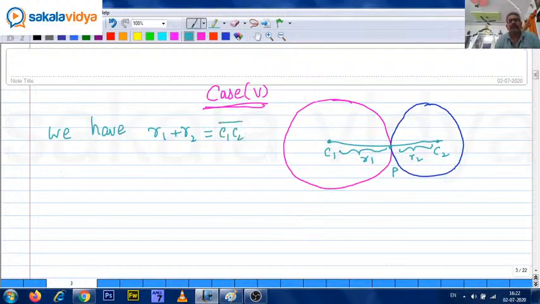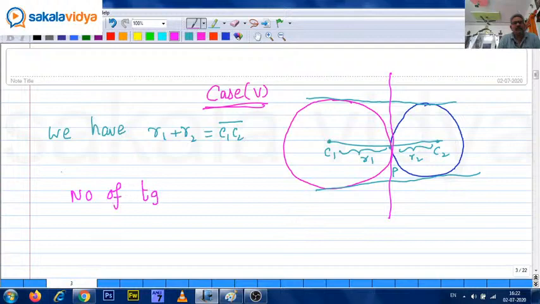Therefore, how many tangents? One direct, the other also direct, and one more common tangent we can find here. The total number of tangents is 3.